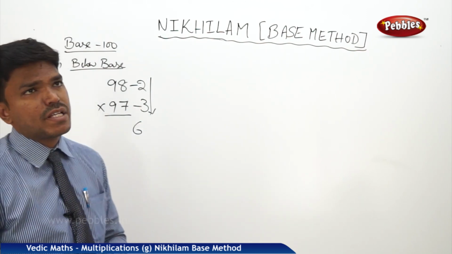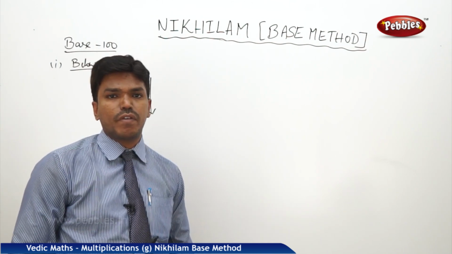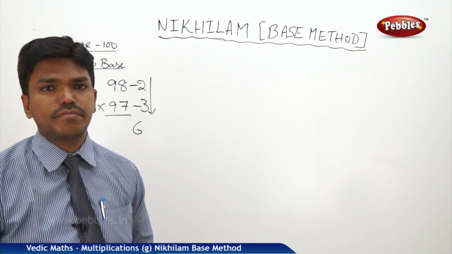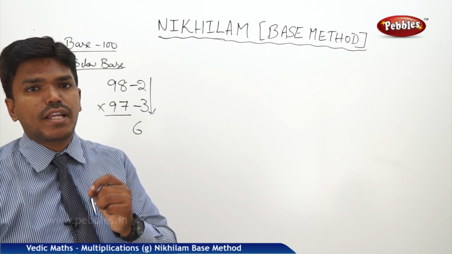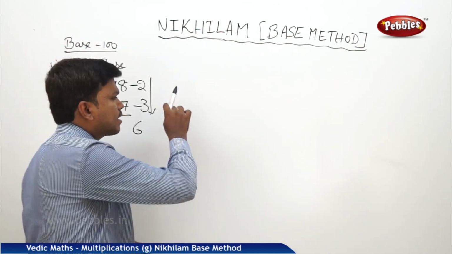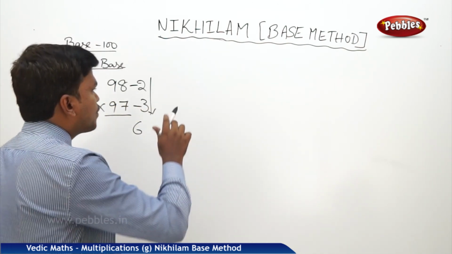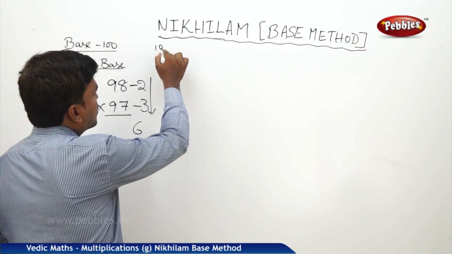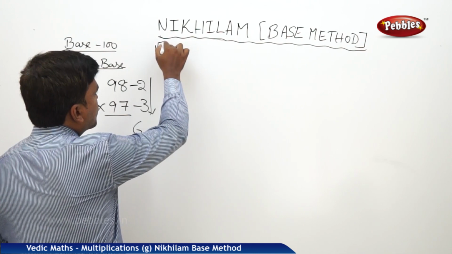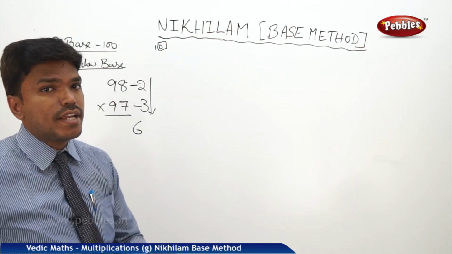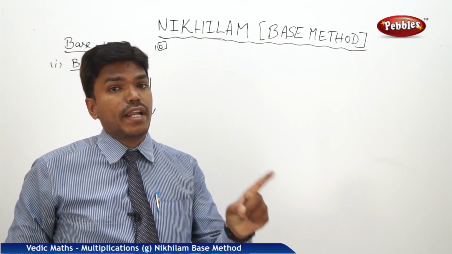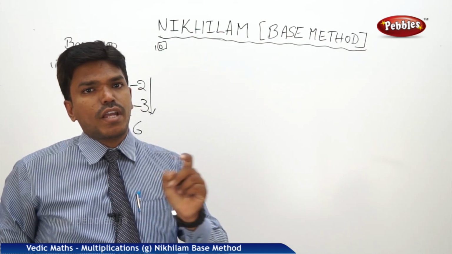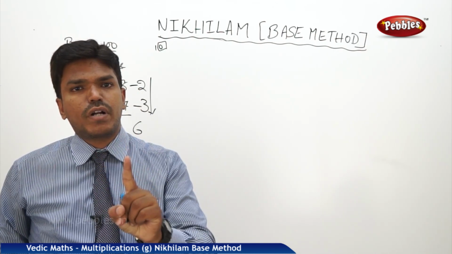But in the previous base 10 example, we discussed one thing. What is that? Whenever you are taking the base, either 10, 100 or 1000, when you take the base as 10, how many zeros are there? Only 1 zero. That's why the right side part of the answer consists of only one digit.